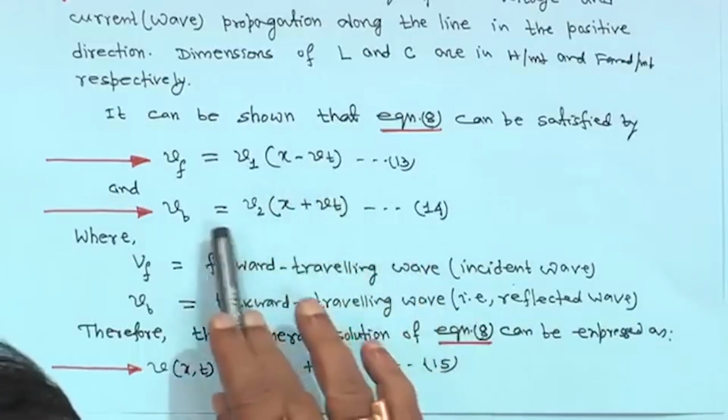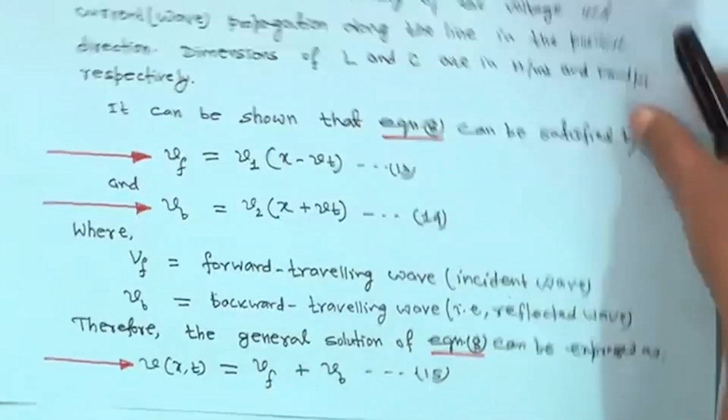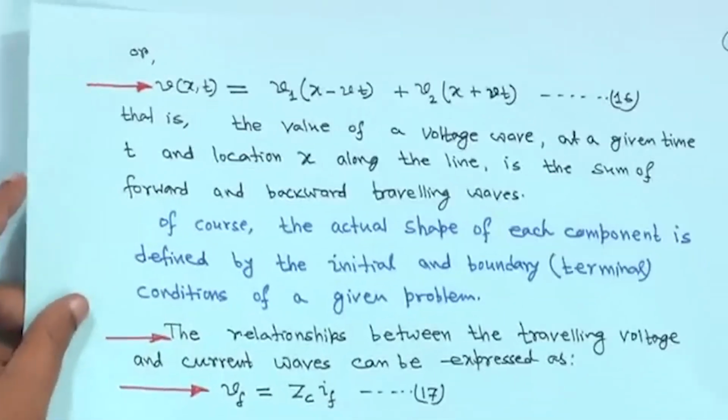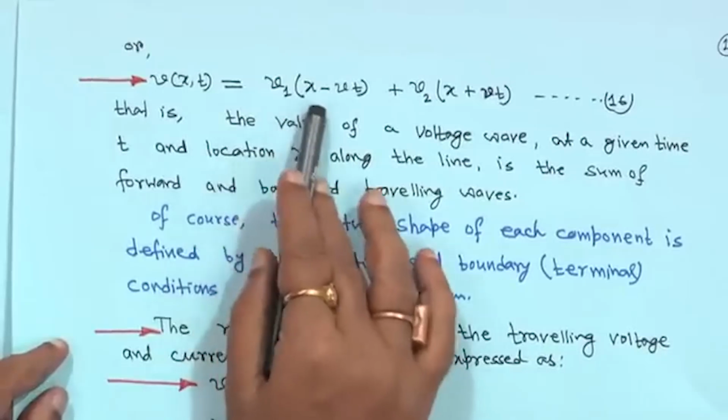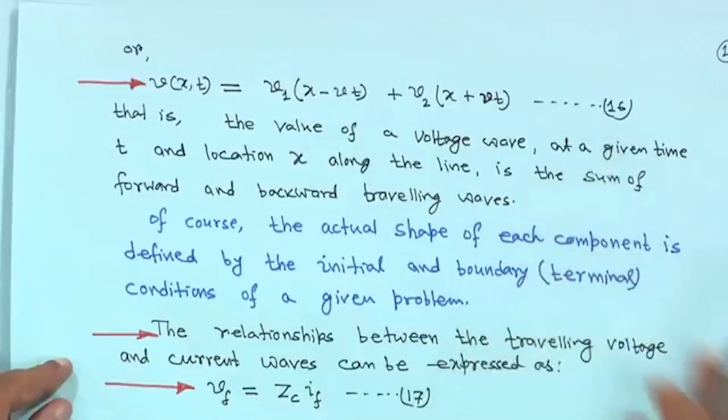That means Vf is equal to V1 of x minus Vt and Vb is equal to V2 of x plus Vt. So, substitute here. If you do so, V of x, t is equal to V1 of x minus Vt plus V2 of x plus Vt. This is equation 16.